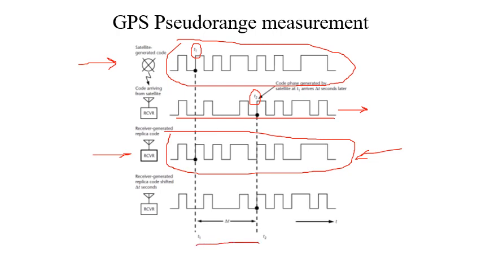If I scale this delta T by the velocity of light, because the signals travel at the velocity of light, then I can get the distance between the satellite and the receiver. So in this way, I can carry out pseudo-range measurements.